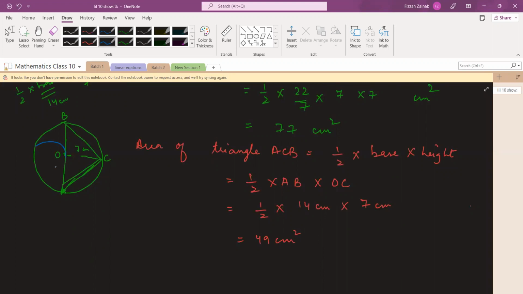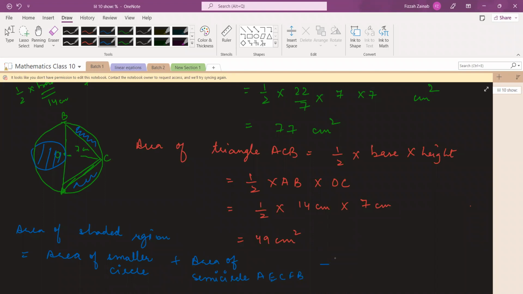So now we know we want shaded. That means this area and plus this area, right? So area of shaded region. Now this will be equal to area of smaller circle, and then you have plus area of semicircle, which is AECFB, right?